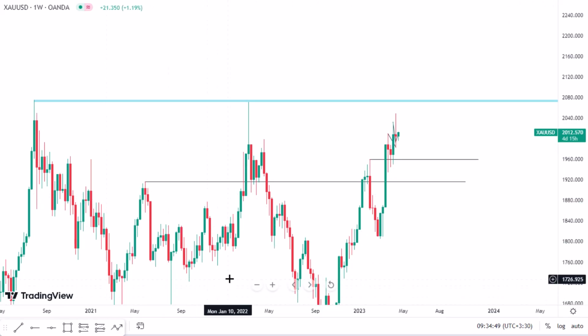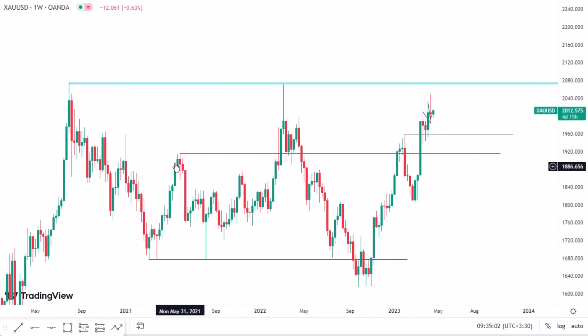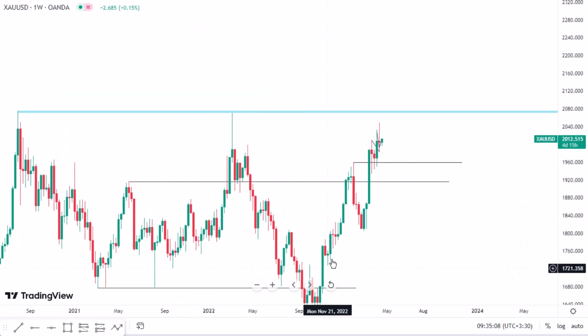Like the price started going up from here, touched an invisible level, and started falling. This is important because this level caused the price this much falling. And also this one here, the price started going up, touched an invisible level, and started falling this much.